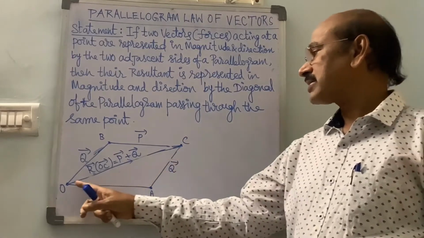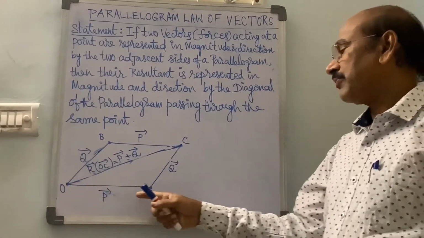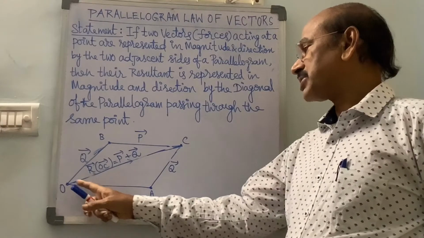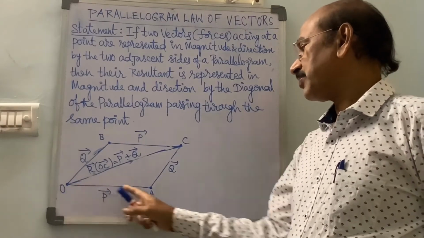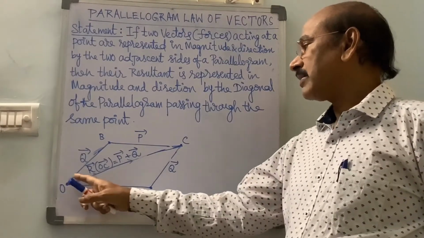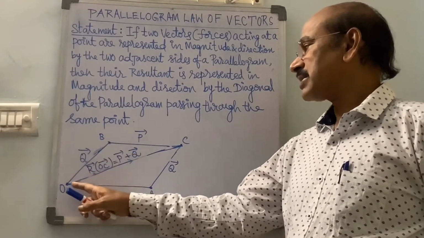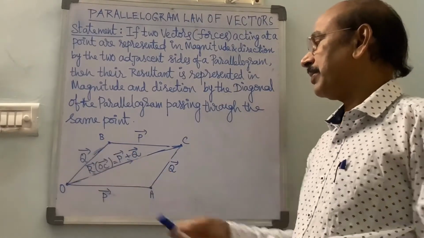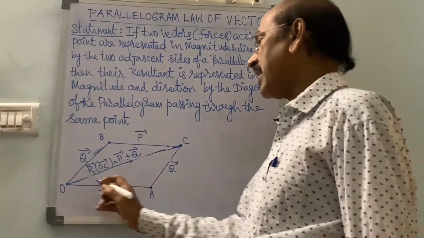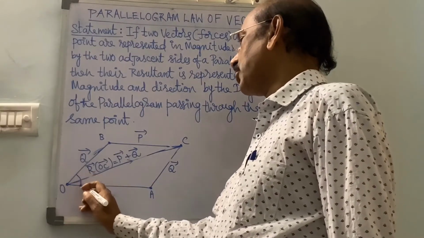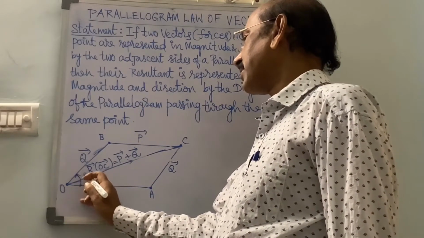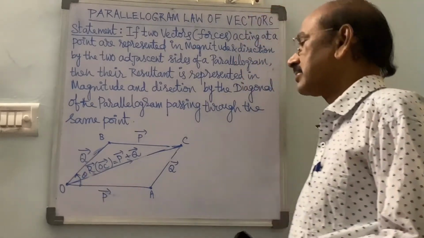Here, the first vector p bar is represented by OA bar and the second vector q bar is represented by OB bar, and let the angle between the two vectors be theta.